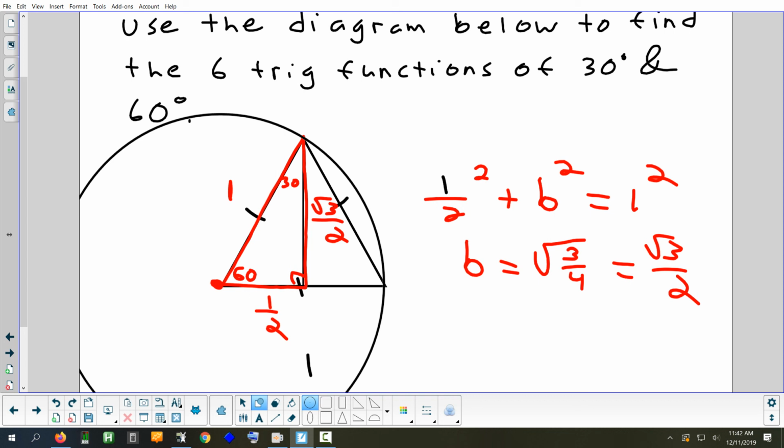Any questions on how you would find the 6 trig functions of 30 and 60 from here? You just have to change your perspective. Do the problem once from here, where 1/2 is opposite and root 3 over 2 is adjacent. And then do it again from here, where now root 3 over 2 is opposite and 1/2 is adjacent. Any questions on that?